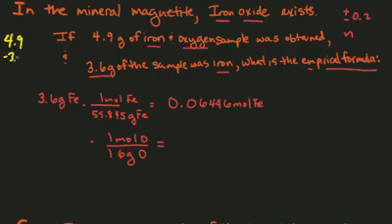Let's just show you what's going on. If you take the total sample minus the iron, then you're left with oxygen. Okay, so that 1.3 can come right there. And then cancel that, leaving you moles of oxygen.